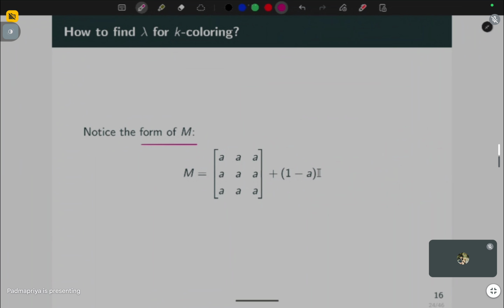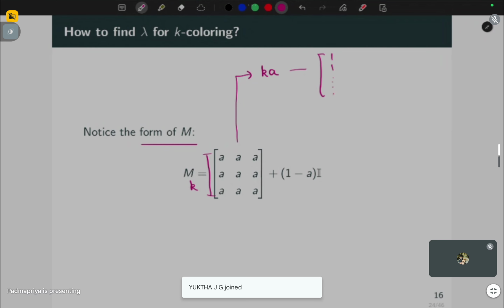So the form of M is like this, and we can say this matrix over here, depending on the dimension, if it's n dimensional or K coloring has K dimension, its eigenvalue is going to be Ka, and the corresponding eigenvector is going to be all ones.